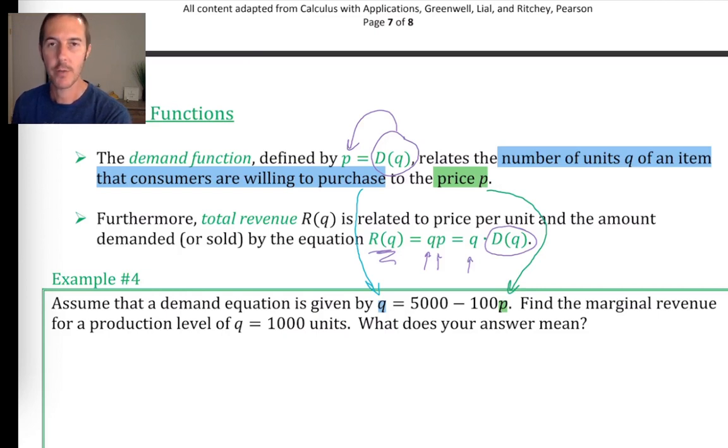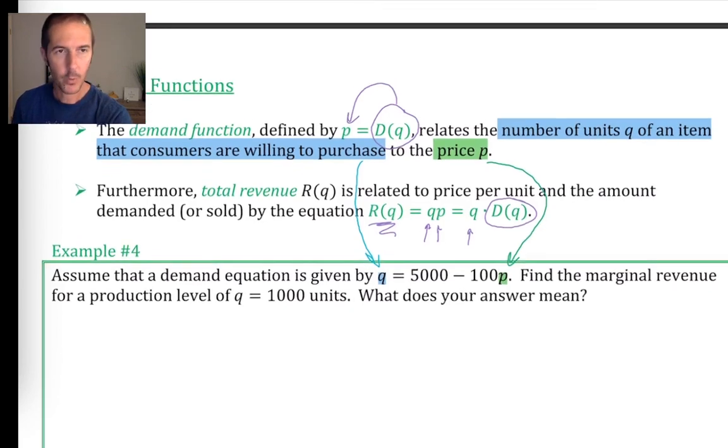I read marginal revenue and I think, well, I'm going to need to take the derivative of the revenue equation. Marginal revenue for a production level of Q equals 1,000. Okay, once I have the marginal revenue equation, which is R prime, I will need to plug in a Q value of 1,000. And then they want us to interpret what those resulting numbers mean. So let's do that. Let's figure out our revenue equation first.